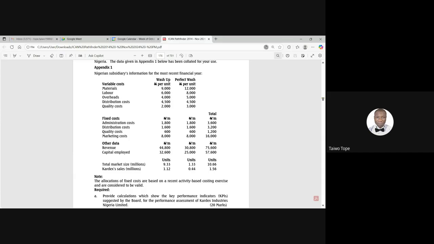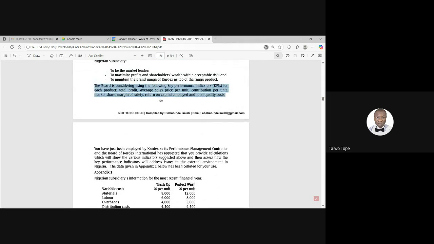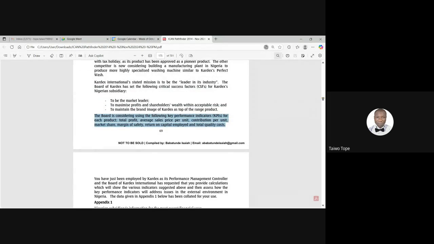Cades is selling 1.12 million units of Wash Up and 0.44 million units of Perfect Wash. So now the question is this: if you want to calculate profit as a performance indicator for both products, what will you do? What are the components of computing profit? Answer it. Speak to it.